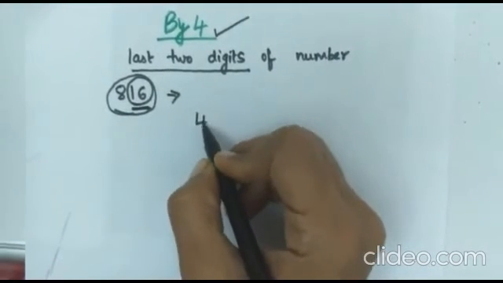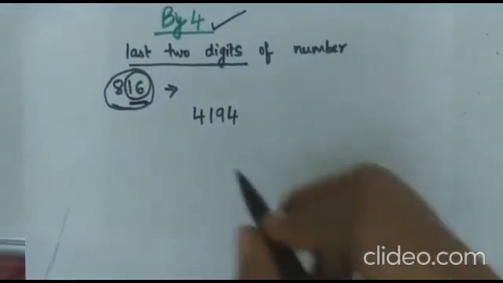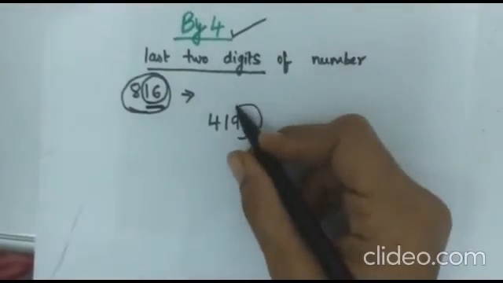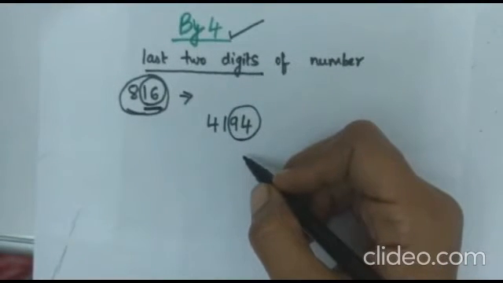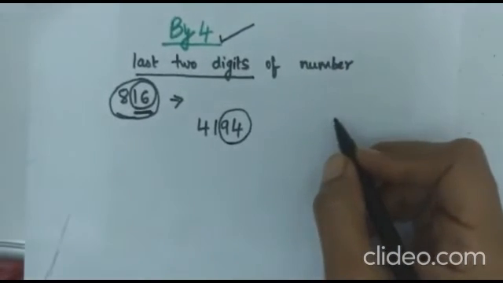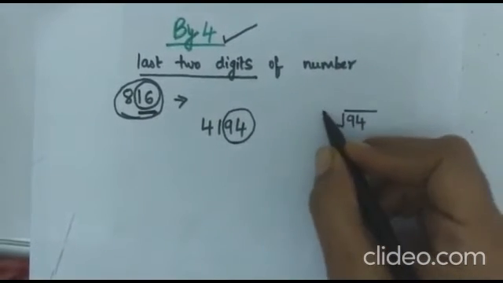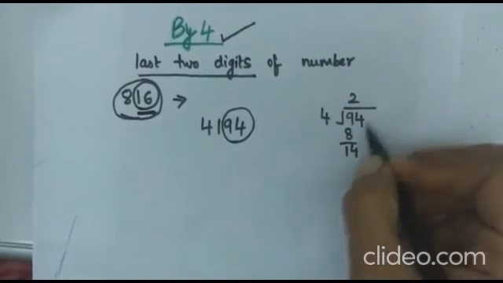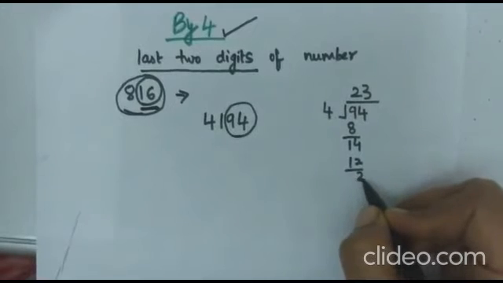If I check for this number, now this is a big number and the last 2 digits, 94, is divisible by 4 or not? Okay, let us check this. Last 2 digits only. 4 twos are 8, 14, 4 threes are 12, 2.